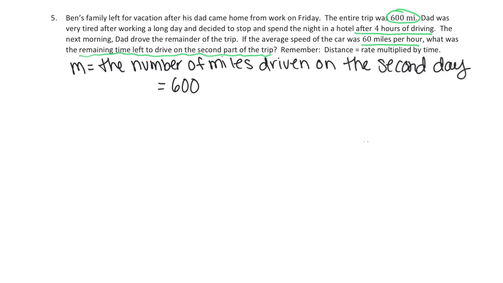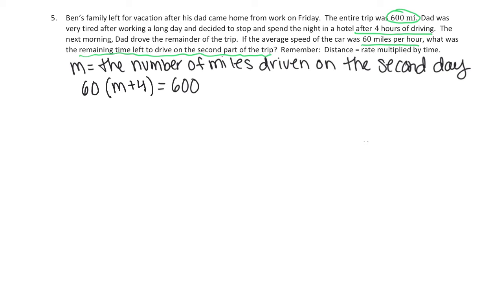Because we don't know the amount that was driven on the second day, we are going to have m plus the amount of hours he spent driving, which was 4 on the first night. So now I have m plus 4, and I'm going to multiply that by 60 miles per hour.